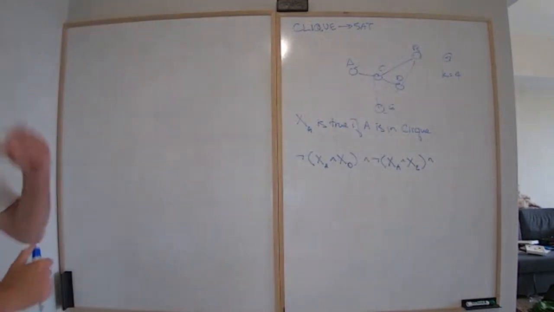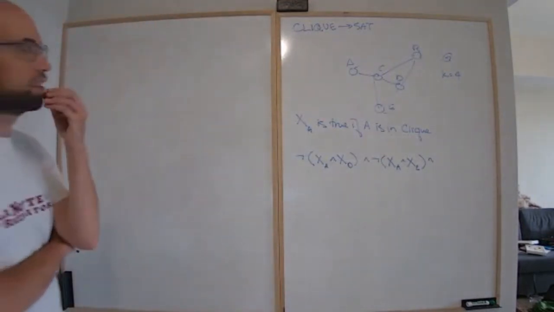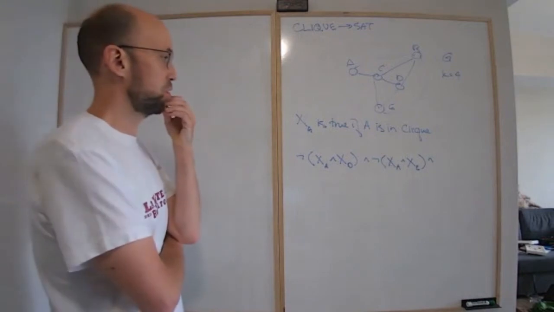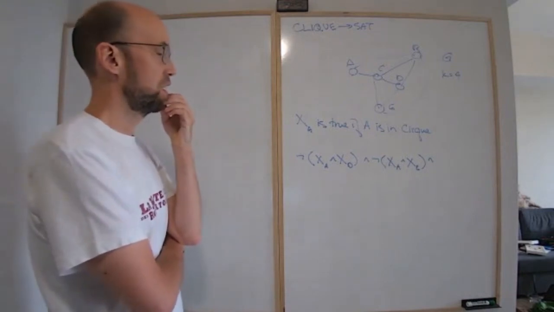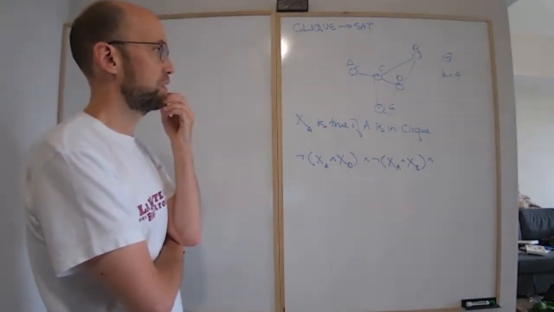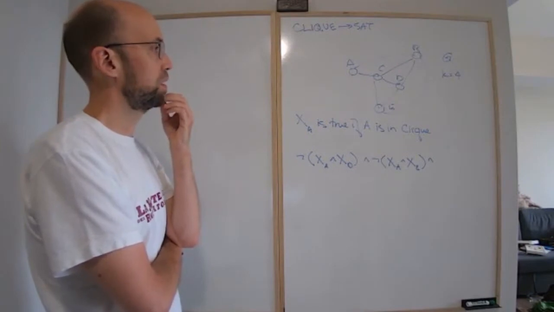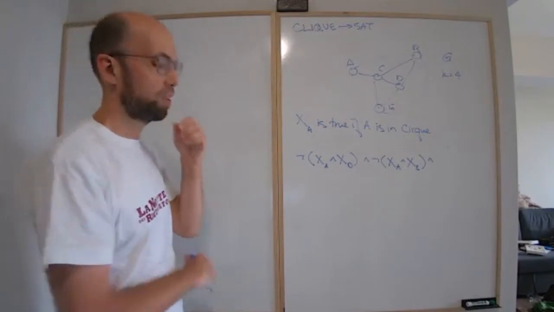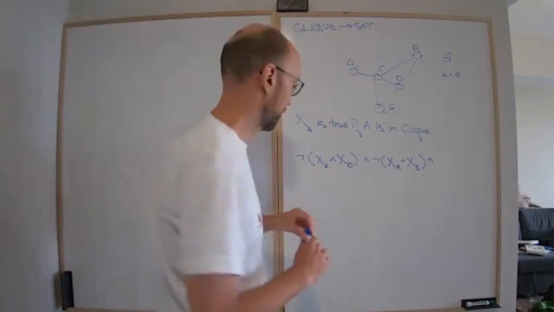and now we want to say that we want at least 4 of these things to be true. So I have to remember how do you, oh yeah, so this is a little bit like dynamic programming.